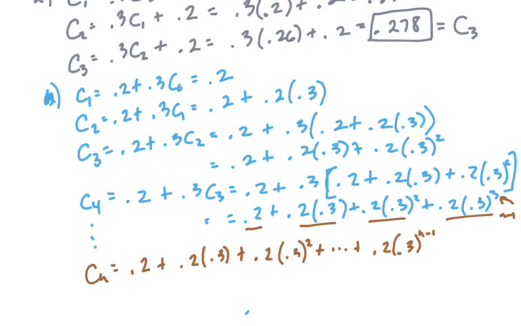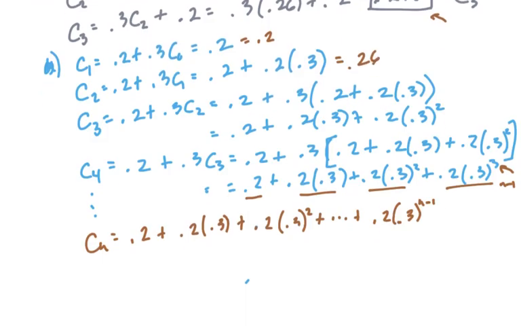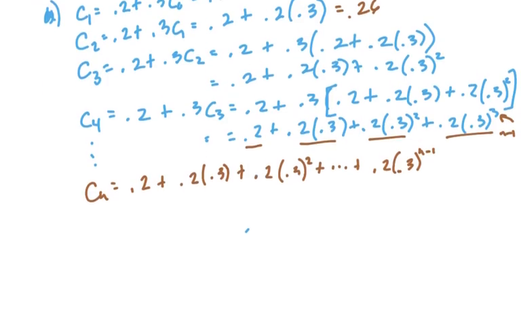So that builds the pattern for the nth term. So you can see we can find an exact term up here, but if we can build it out and say that this really equals 0.2 and this equals 0.26, and we look at the patterns while we go, then we can build a pattern for the nth term. So this is part B, the pattern for the sum for our nth dose.